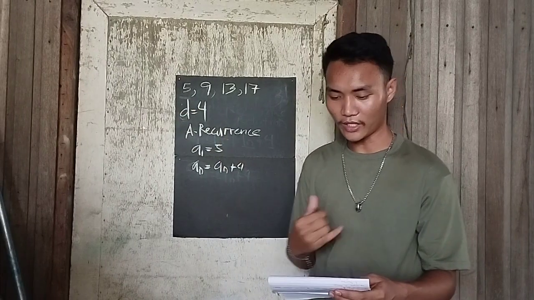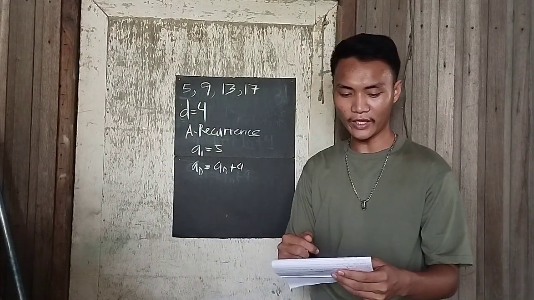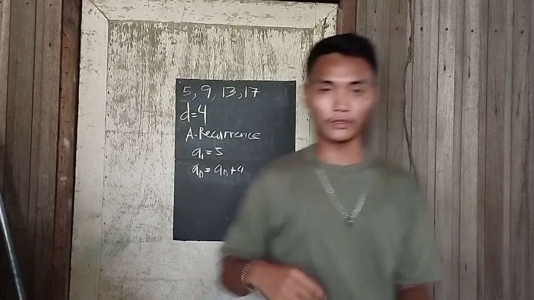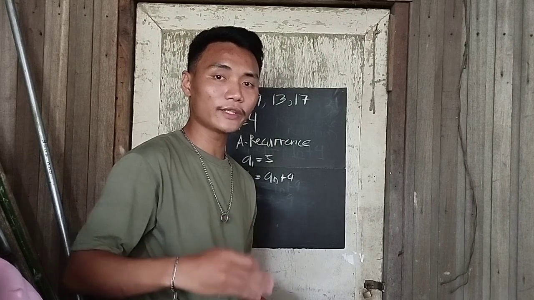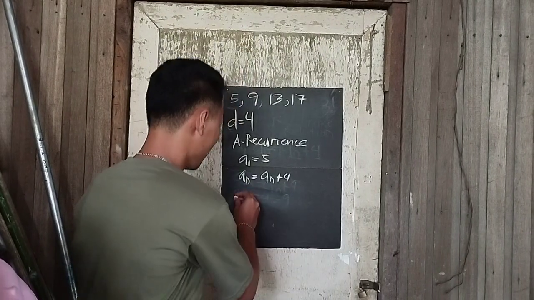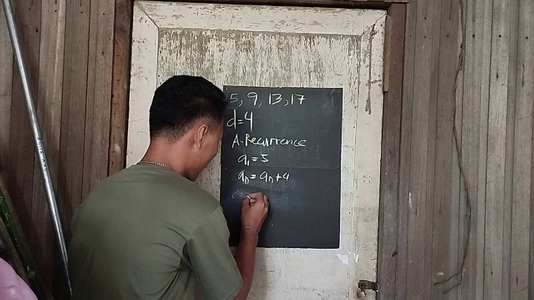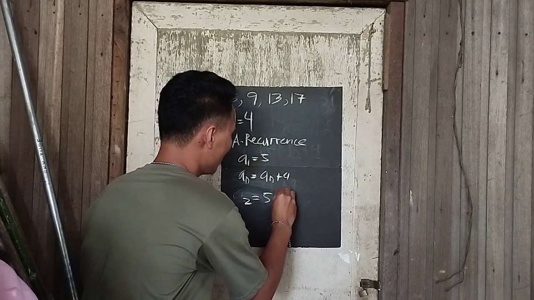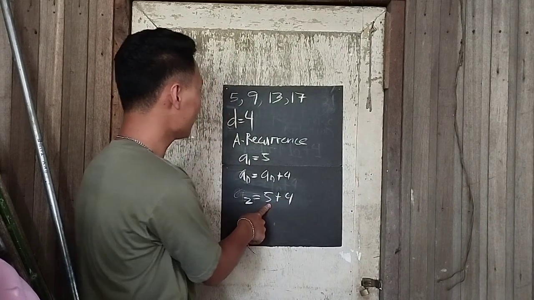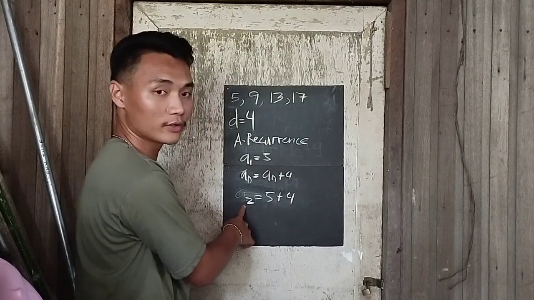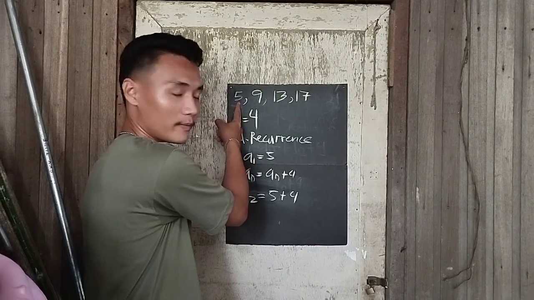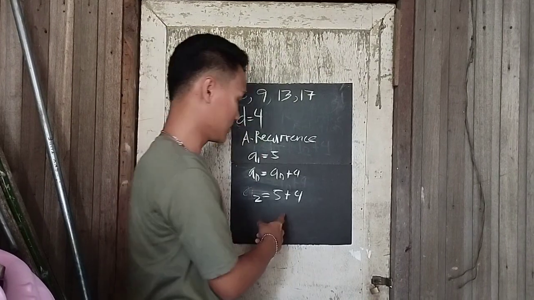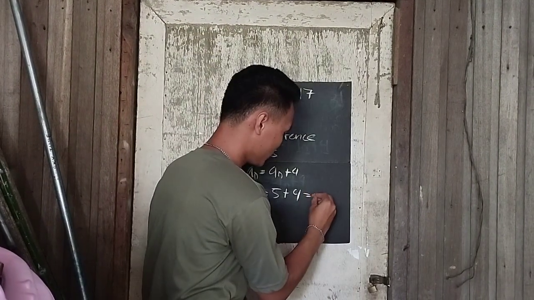Plus the common difference, which is 4. So, to get the second term, we write a sub 2 is equal to 5 plus 4. The 5 here is the previous term of the second term. Then plus 4, the common difference, is equal to 9.